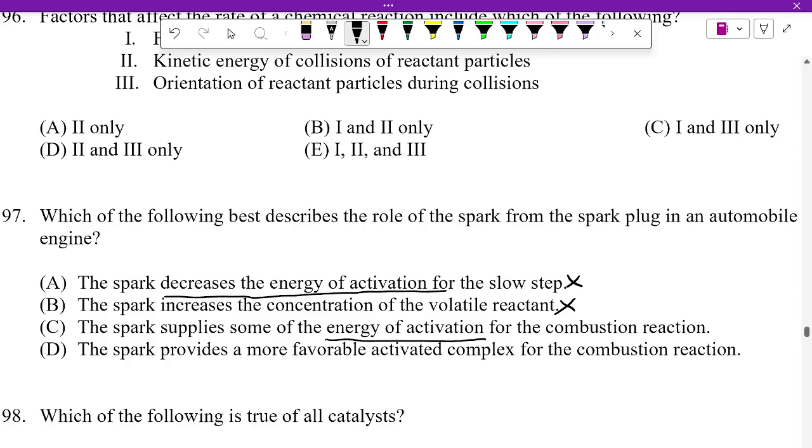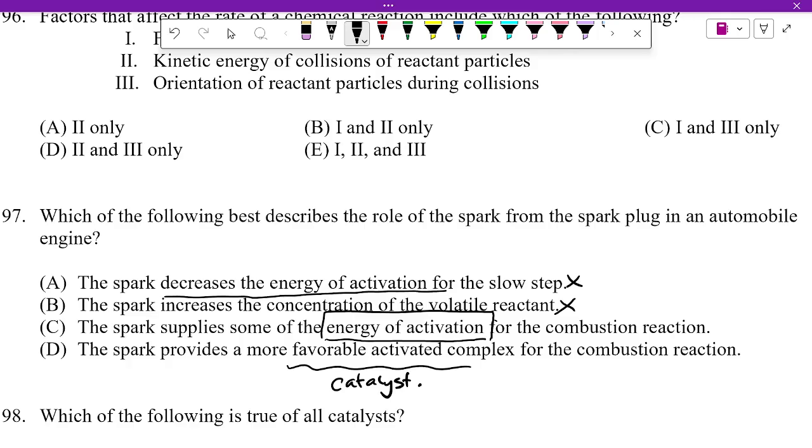Well, let's think about that. It provides a more favorable activated complex for the combustion reaction. That would be something that a catalyst does. Spark is not a catalyst. It supplies some of the energy of activation. Yeah? Because what is a spark? It's energy. It's heat.